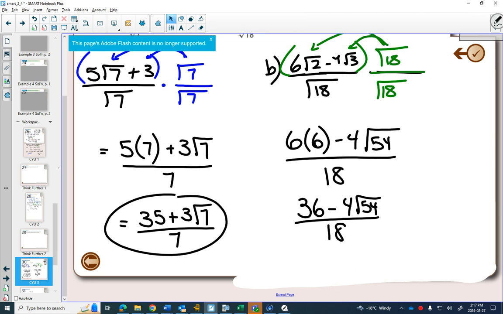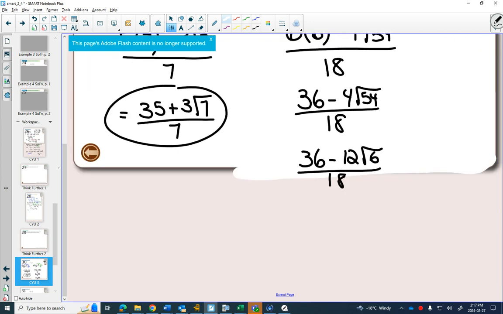I can change that to 36 minus, since it's 9 times 6, the square root of 9 is 3. 3 times the 4 makes negative 12 root 6 over 18.